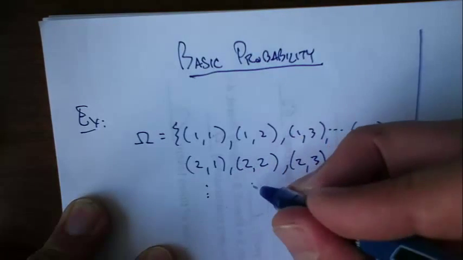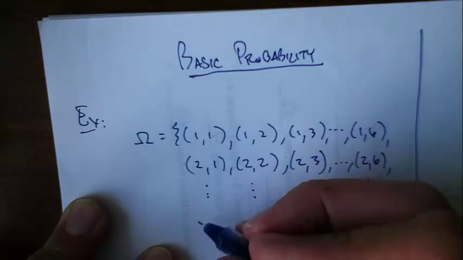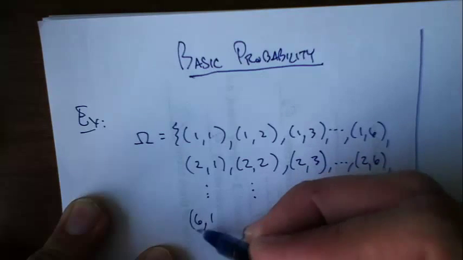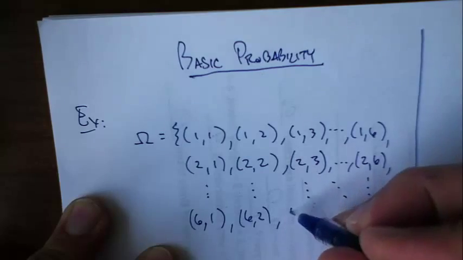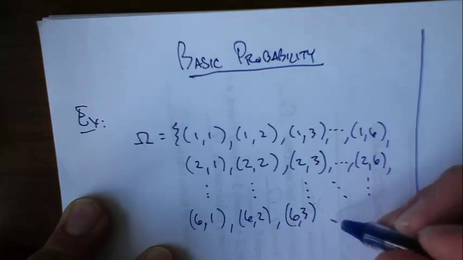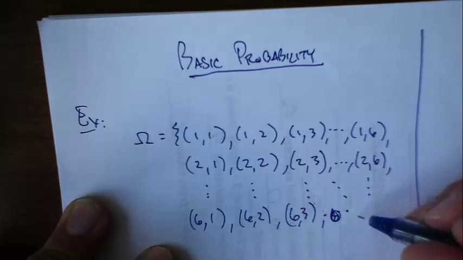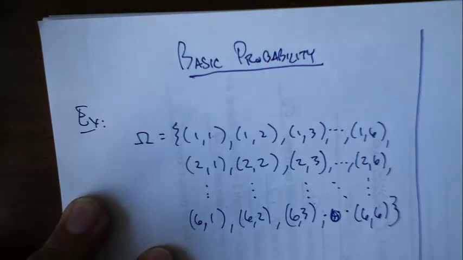And so forth and so on. You could see a 6, 1, 6, 2, 6, 3, dot, dot, dot, 6, 6, double sixes. Okay? So that's the idea.